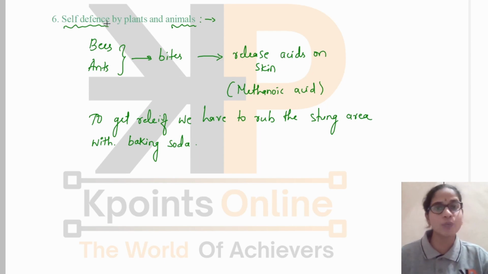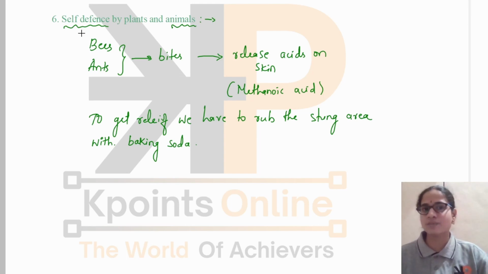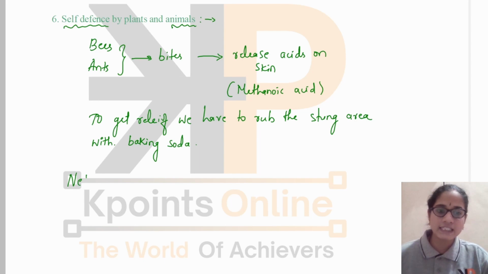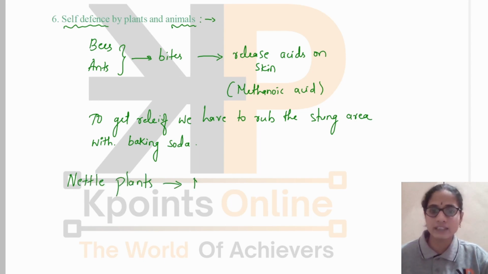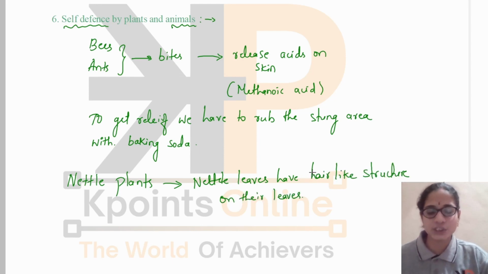Then what about the defense mechanism that is seen in plants? Have you seen nettle leaves? It is a kind of plant. Nettle plants have leaves with hair like structures. Suppose we touch it unintentionally, the hair like structure consists of acid.